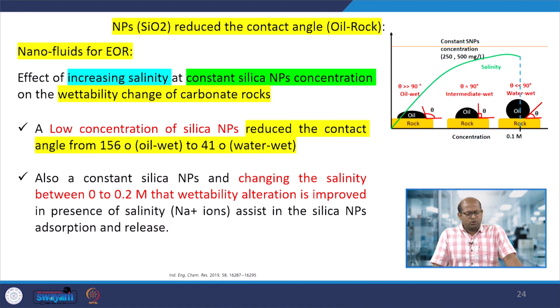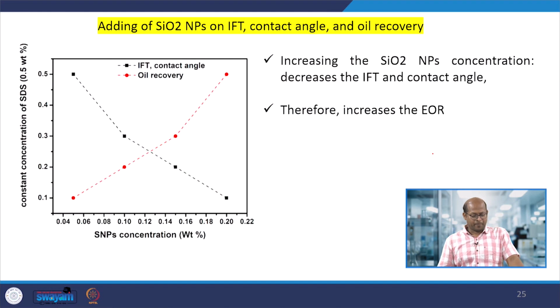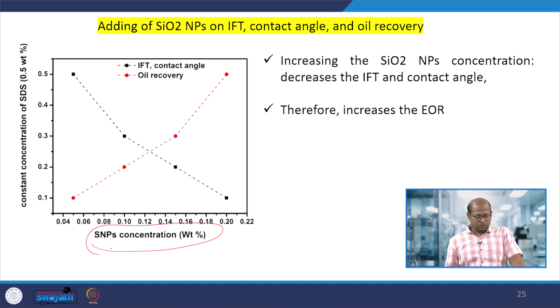Here nano silica is also used, which, as I said already, decreases the contact angle and therefore also enhances oil recovery. Here you can see the concentrations of the silica nanoparticles. We cannot use just any concentration.